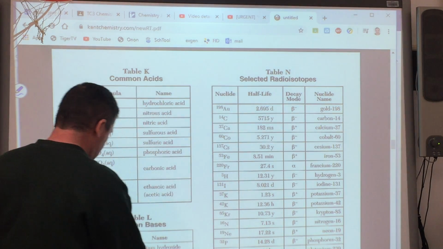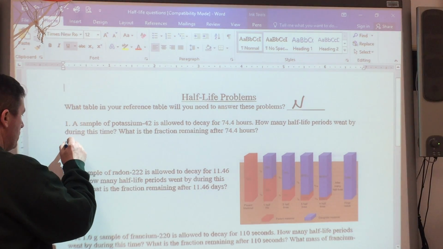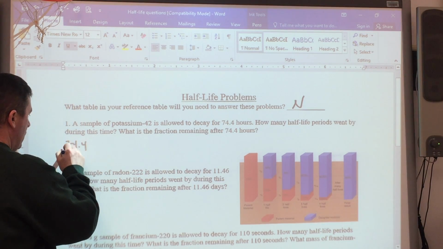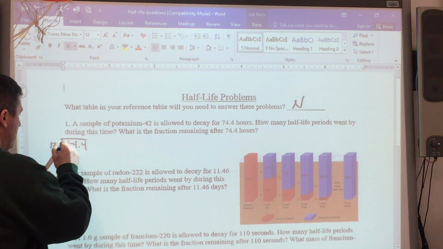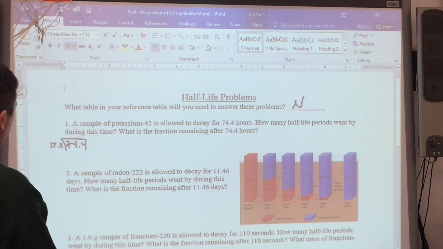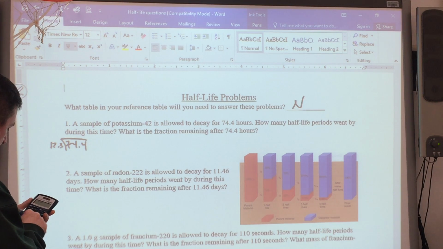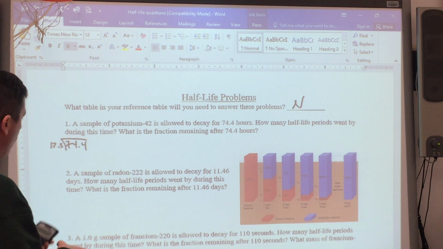But 12.36 hours. So I'm going to take 74.4 hours and divide it by 12.3 hours, and that comes out to be pretty darn close to 6. So 74.4 divided by 12.3, okay, 6.05.